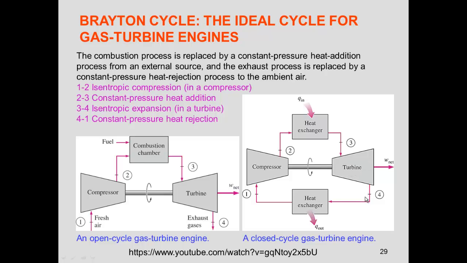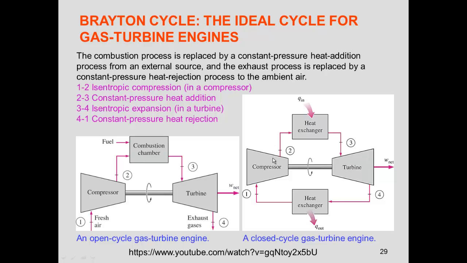And after that, we are going to reject heat in the heat exchanger, so we have heat rejection at constant pressure again. Same as in the original cycle, part of the work of the turbine will go to the compressor, and the rest will go out as net work.